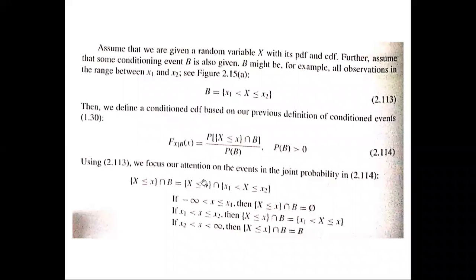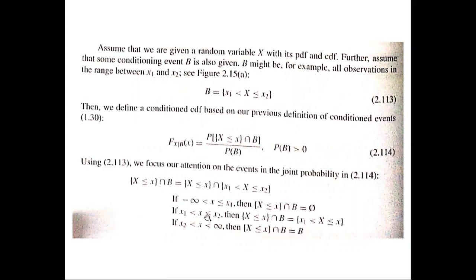In case we have values of x between minus infinity to x1, there won't be any overlapping portion between these two. If x is between minus infinity to x1, this and this do not overlap. Because they do not overlap, their intersection will be null.